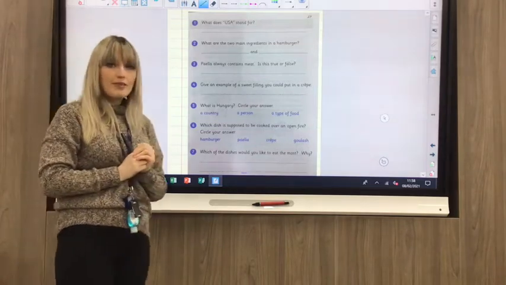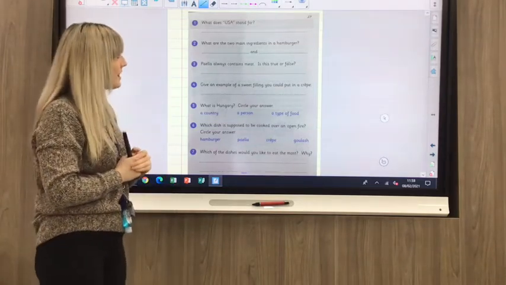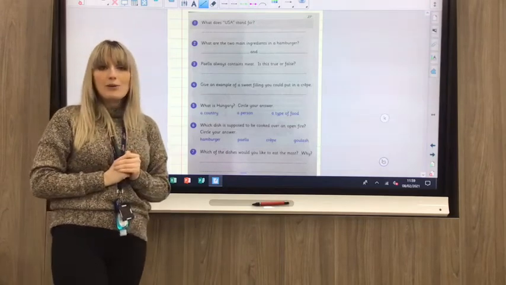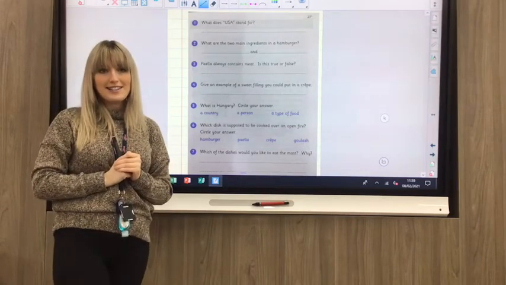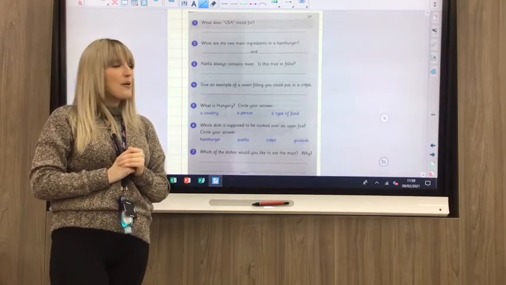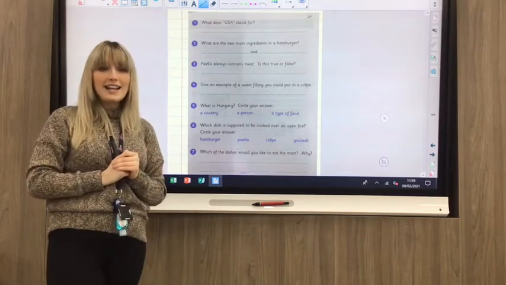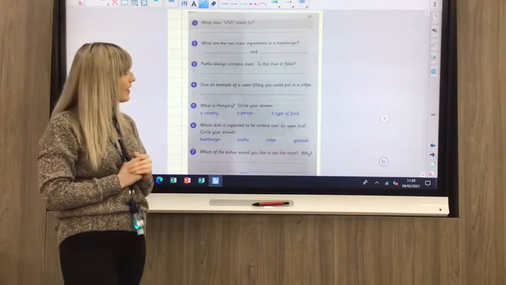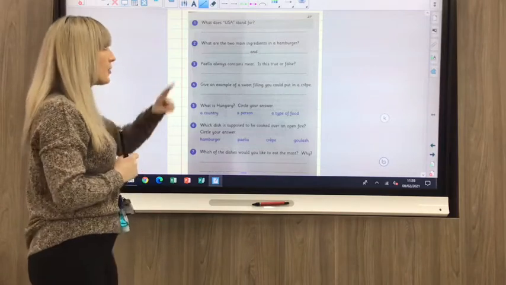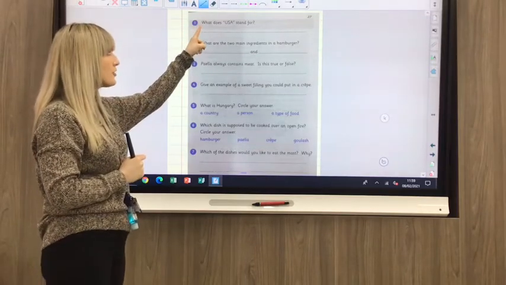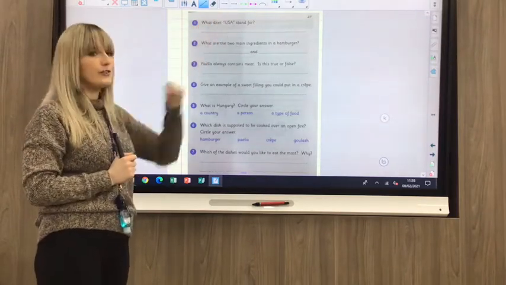Now, it's a little bit like when we had our water sports text yesterday and we had to find information from each section. So question 1 says, what does USA stand for?